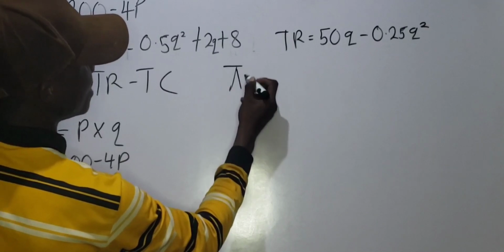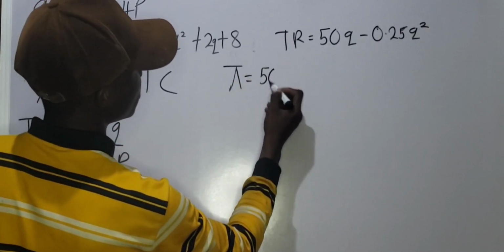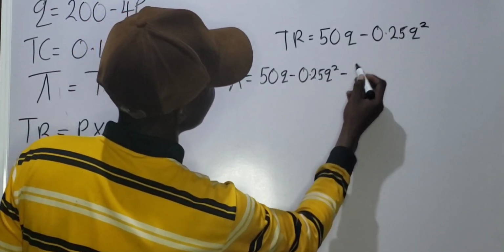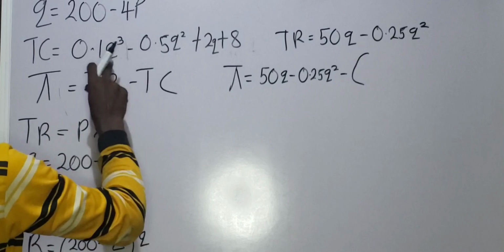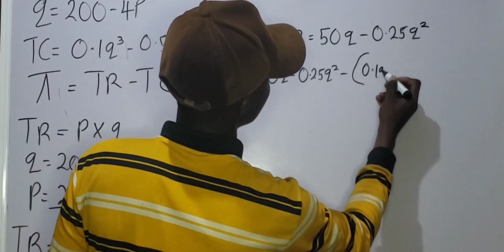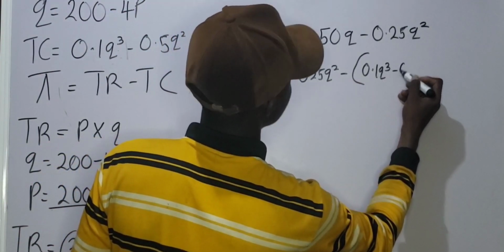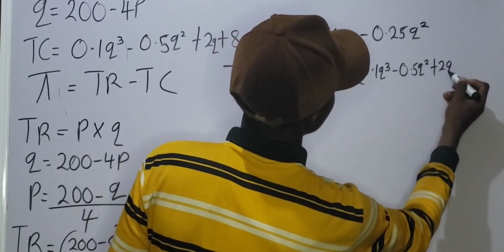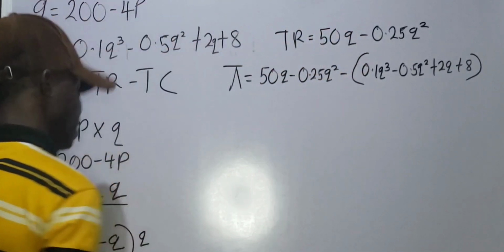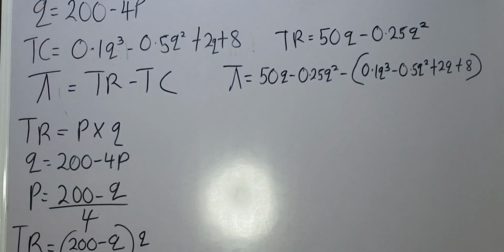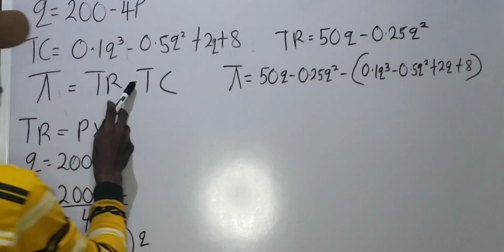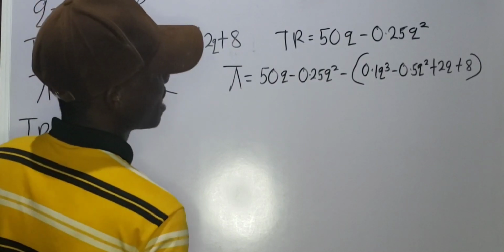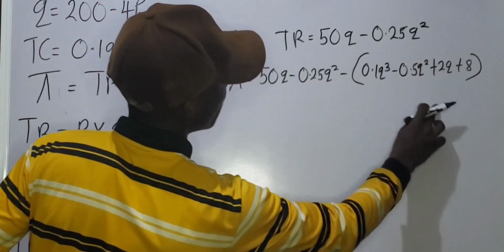So profit, pi, is equal to the total revenue function, 50Q - 0.25Q^2, minus, all in bracket, the total cost function 0.1Q^3 - 0.5Q^2 + 2Q + 8. Do you understand the reason why I put the bracket? The reason is that this negative affects all the values of the total cost. So I put the bracket so that when I open it, this negative will affect all these values, you understand?